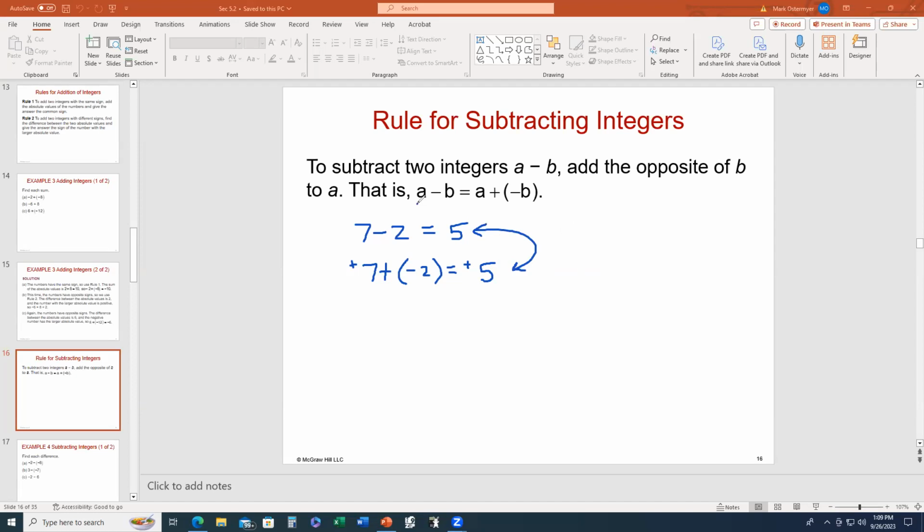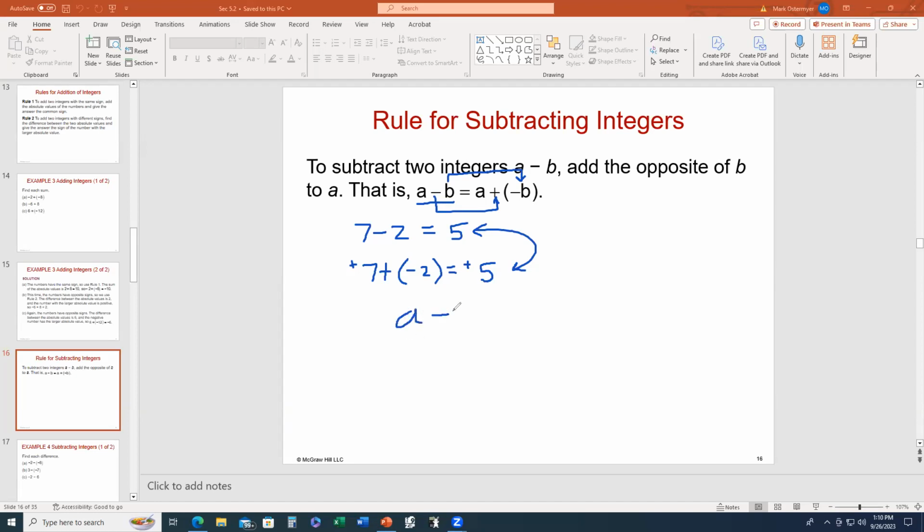When you take some number A and subtract off some number B, you can always change subtraction to addition. But in doing so, you must add the opposite of what's being subtracted. What's the opposite of B? Negative B. So A subtract B is equivalent to A plus a negative B.